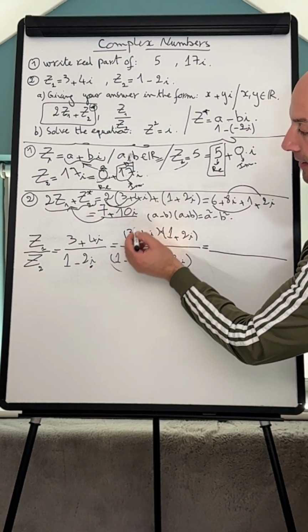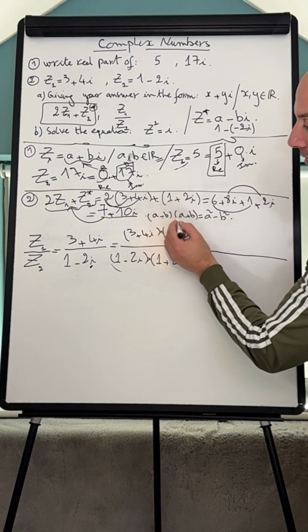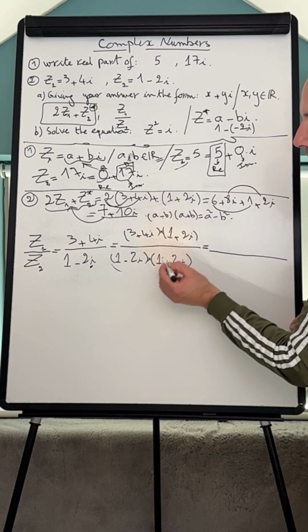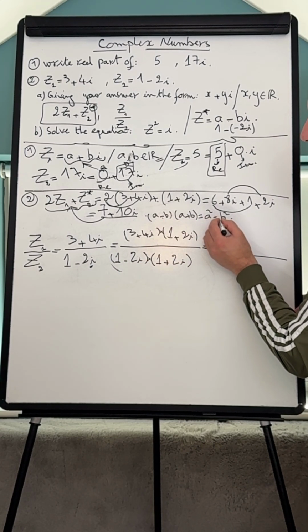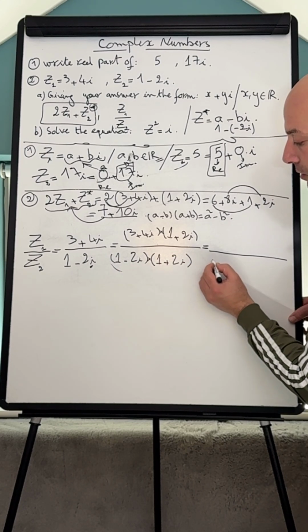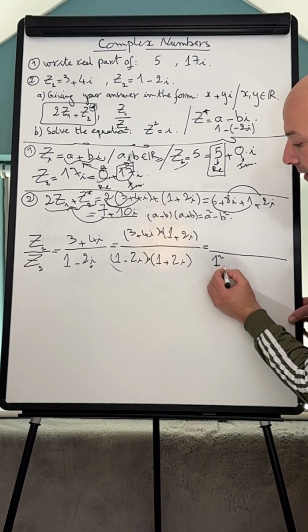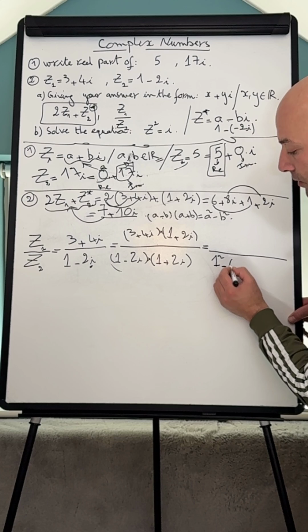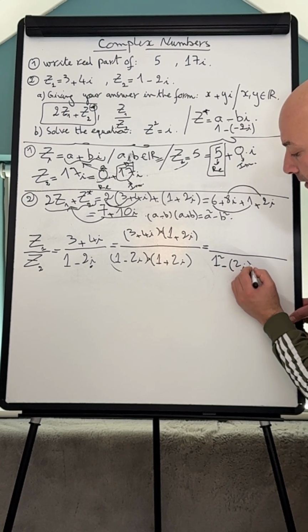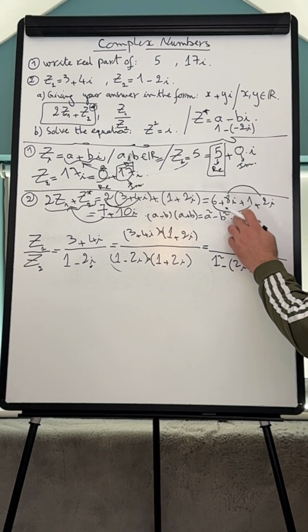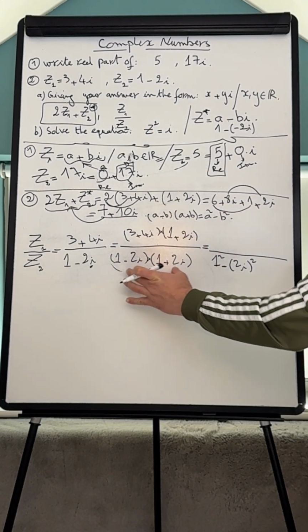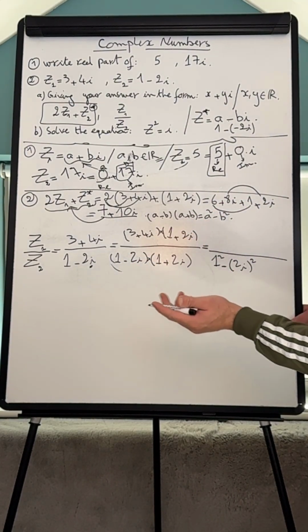This is our a in this example, so a square, which is 1 square, minus b square, which is 2i square. As simple as this. All I did was apply this formula here. That's all I did. Now it's as simple as this.